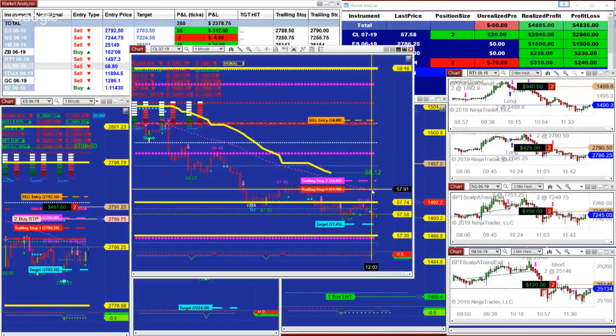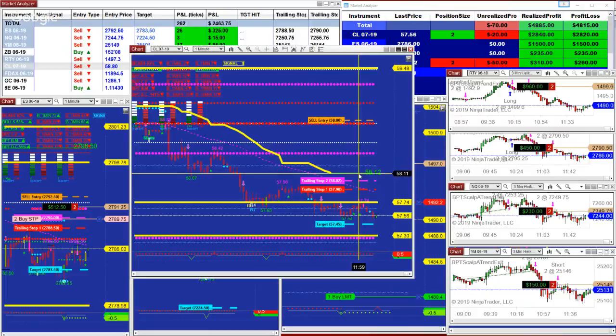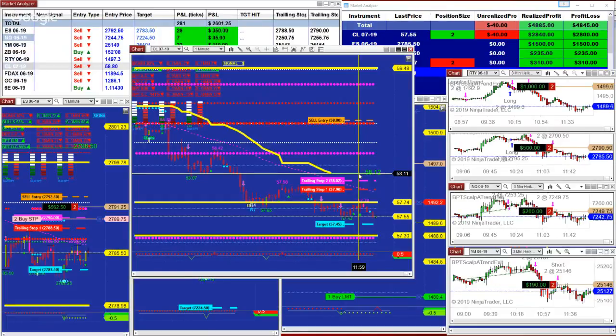At the moment, the pullback re-entry on the CL is 57.91. You do not have a long trade. And the true average price at the moment, 15 minutes from now it will be different, is 58.12. If there's any pullback, you can always take a short trade from that area here.